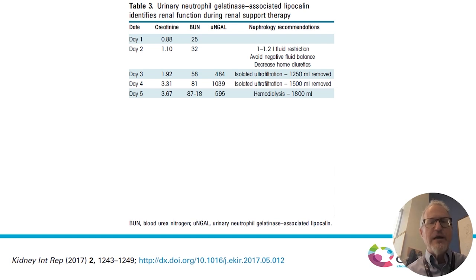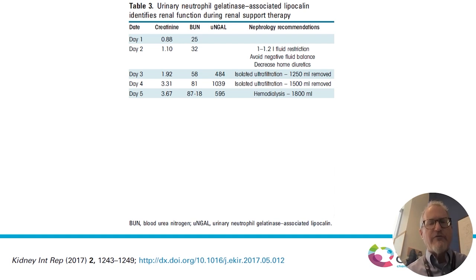On day 3, his creatinine had nearly doubled from baseline, BUN was increasing, and we obtained an NGAL, which showed now this was structural AKI, or there was a component of that, at 484 nanograms per ml. So we performed isolated ultrafiltration, understanding that he was likely not going to be able to diurese on his own.